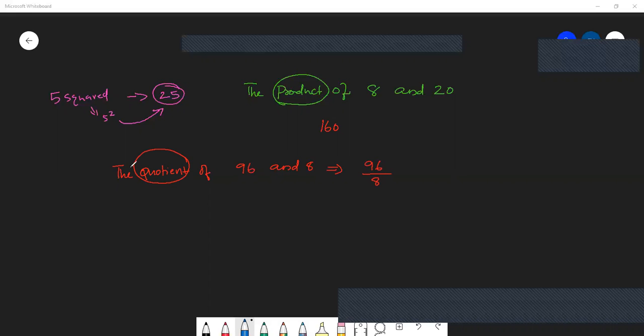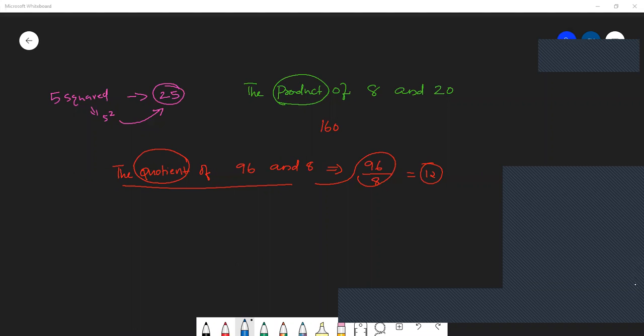We already modeled this word format into an algebraic format, so now we know what we need to do. 96 divided by 8, answer is 12, done. This way you can use algebraic expressions and verbal expressions, converting verbal expressions into algebraic expressions, or algebraic expressions into verbal expressions, to solve a word problem. I hope you understand the concept.